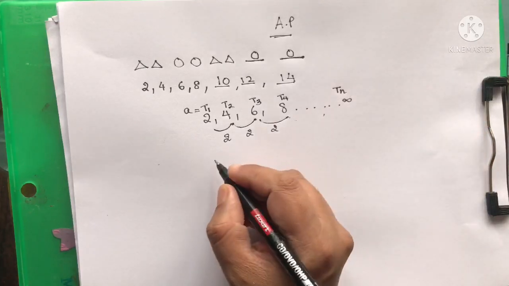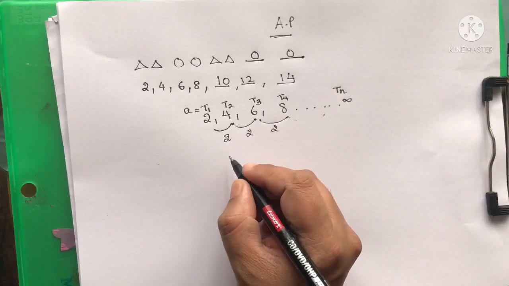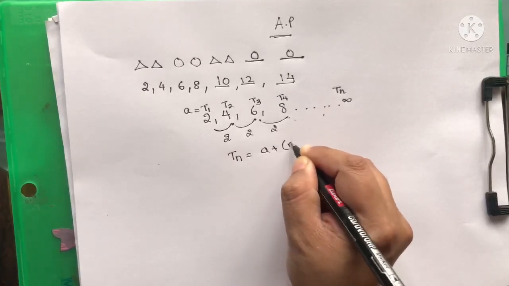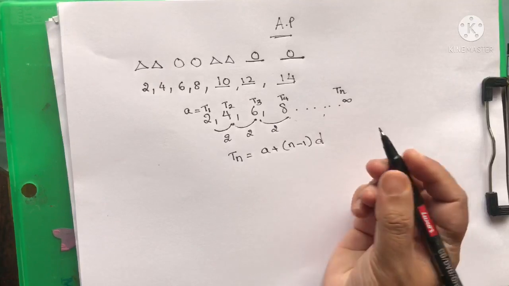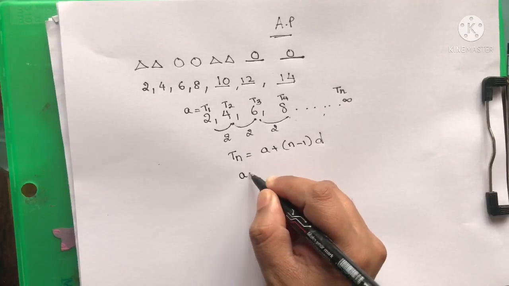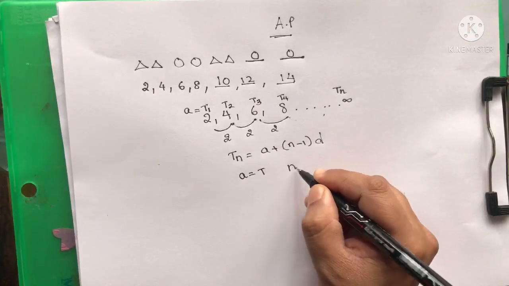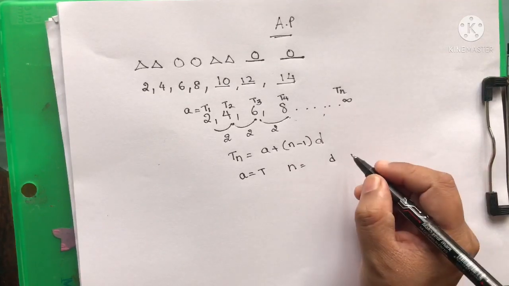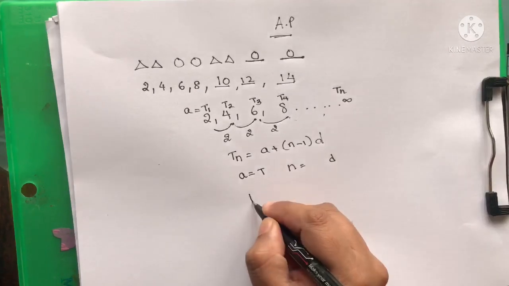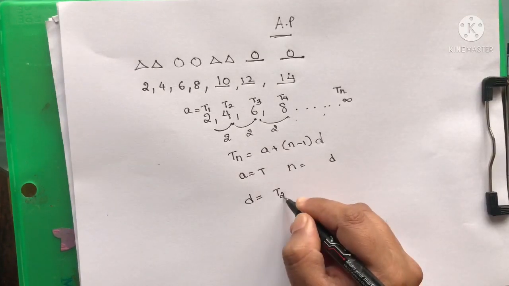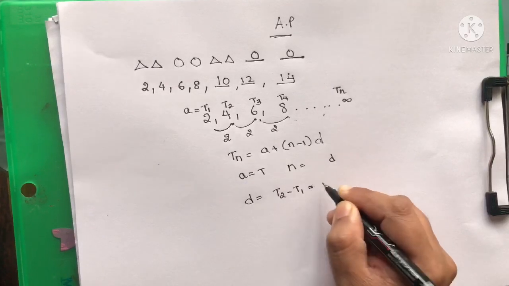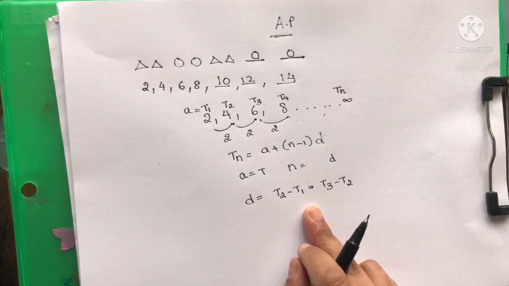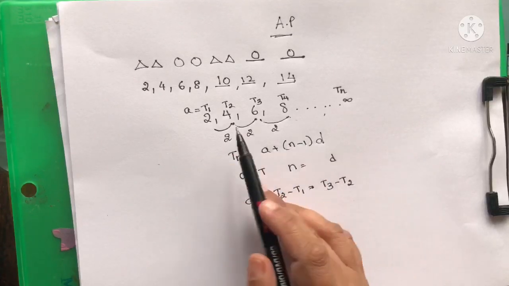The formula on which AP works is Tn is equal to A plus n minus 1 into D. Here A stands for the first term, n stands for the number of the term you're looking for, and D stands for common difference. And D should be equal to T2 minus T1, that should be equal to T3 minus T2. If this condition is not satisfied, then it is not an AP.